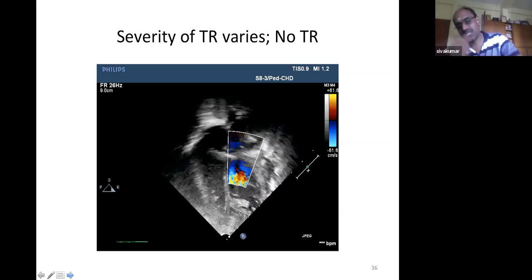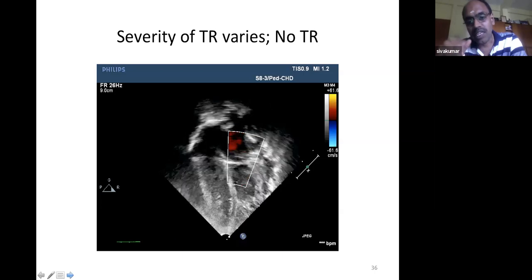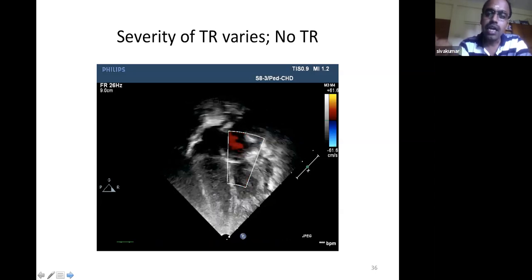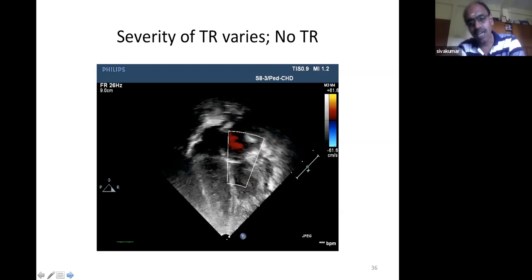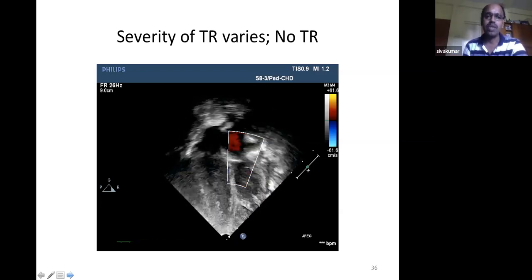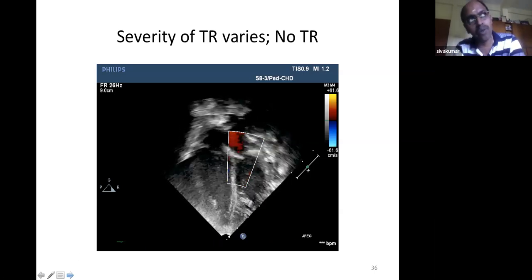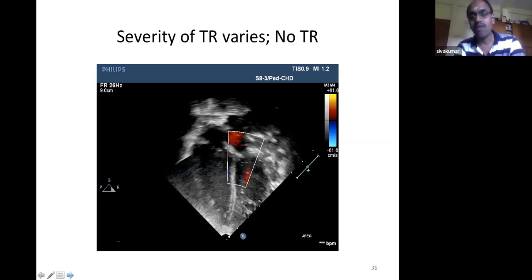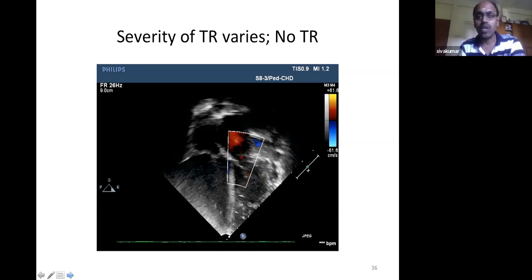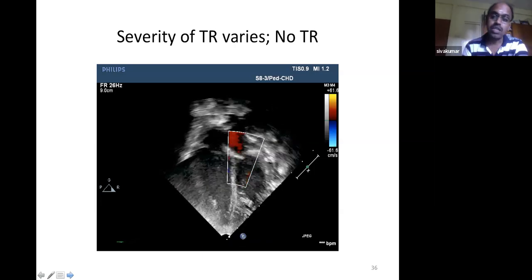If there is restricted mobility, is it due to shortened chordae, which means it is type 3A, or is it due to a dilated ventricle that is resulting in the leaflets not reaching the annular plane? That means type 3B. So Carpentier's approach to the mitral valve can be applied to the tricuspid valve whenever the tricuspid valve is supporting the systemic circulation.